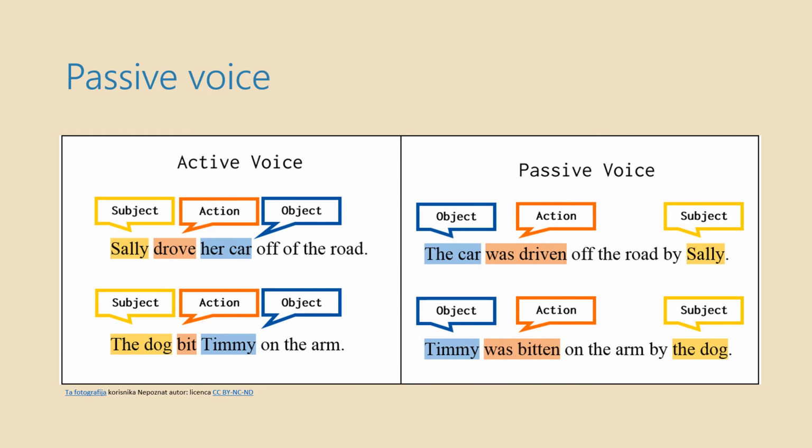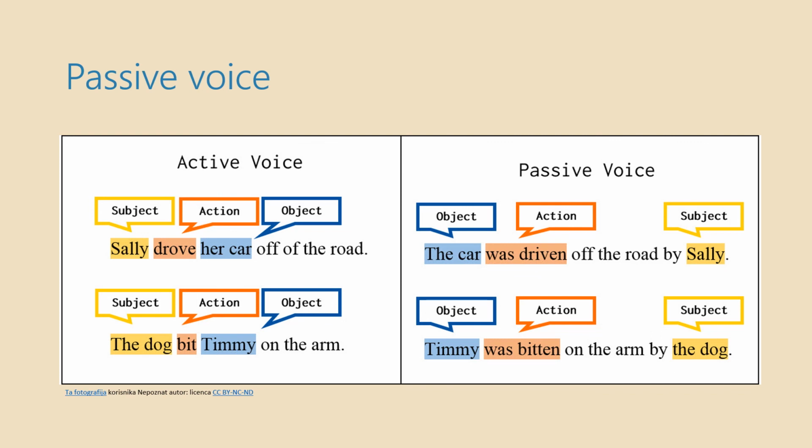When we transform an active sentence into a passive one, the object of the active sentence becomes the subject of the passive sentence, the car in this case. We keep the same tense, but we shift it into passive voice.